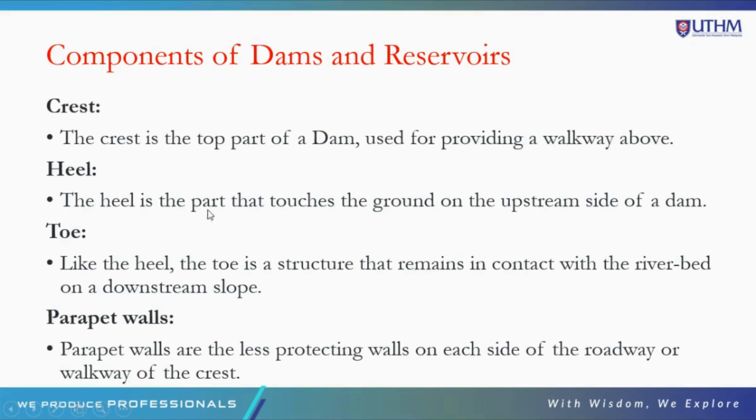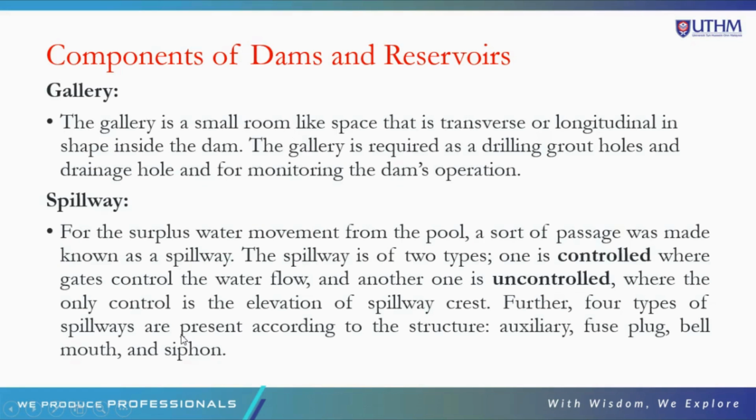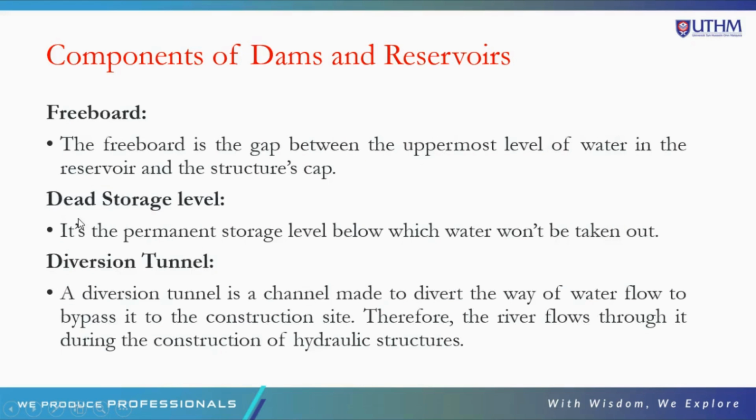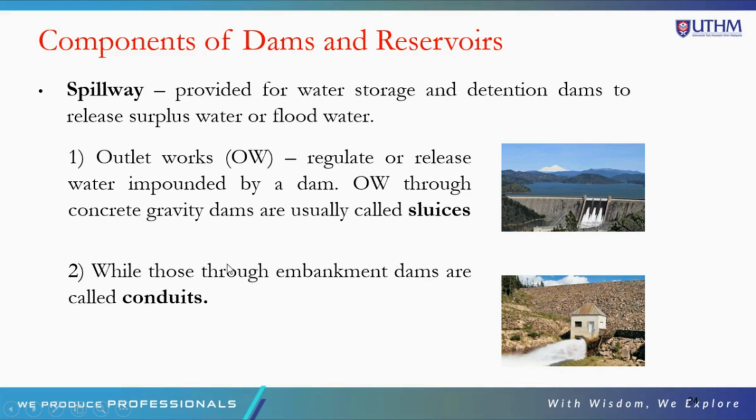The components of the dam are the crest, parapet wall, gallery, and spillway. The spillway is very important for the dam. The spillway can be controlled or uncontrolled. There are also the freeboard, the storage level, and the diversion tunnel. Of these, we focus on the spillway.